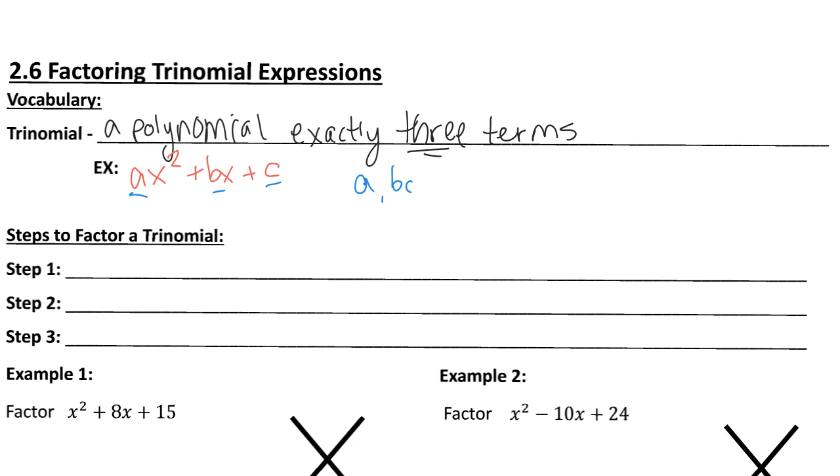And for our purposes, they are generally going to be integers. They're not going to be fractions or decimals, really. So for what we're doing, you're pretty much going to see integers there for a, b, and c. Okay? So let's go over steps to factoring a trinomial.